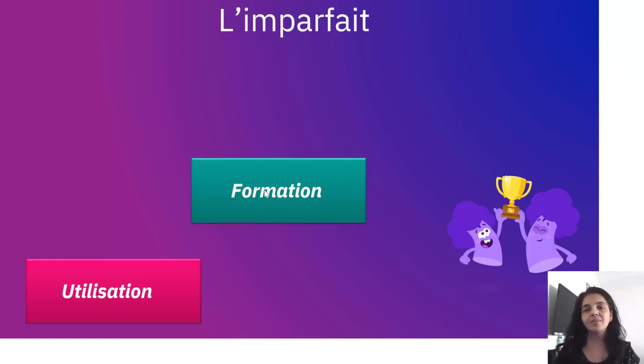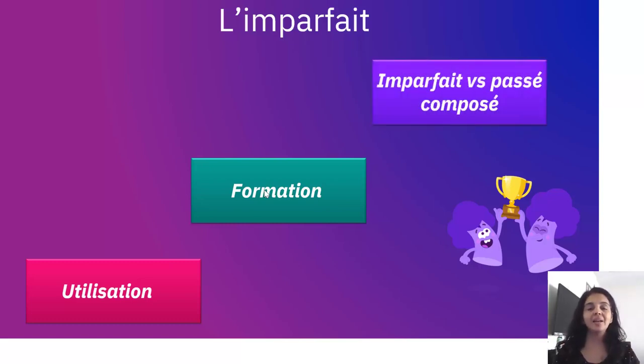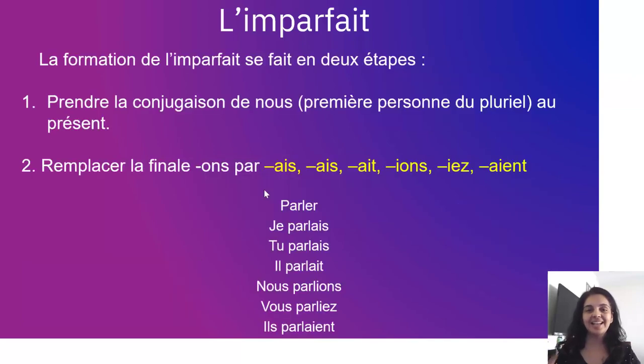So it is very simple how to conjugate in imparfait, but where to use it, where not to use it is more crucial. So I'll be taking care of that, and then we will do a quick comparison between imparfait and passé composé, focusing on the usage of both the tenses, because that's where all my students have seen get confused. Alright, so let's start. C'est parti.